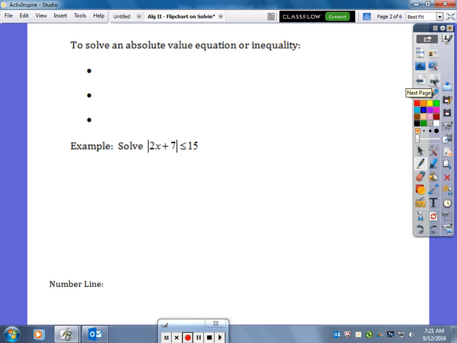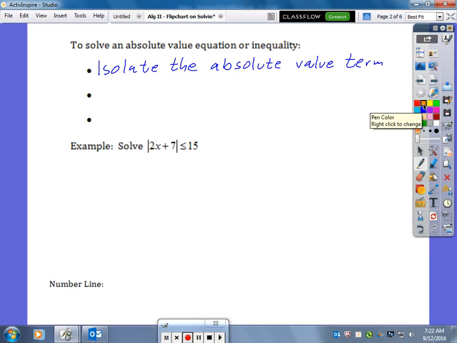To solve an absolute value equation or inequality algebraically, there are three easy steps. The first step is to isolate the absolute value term. The second step is to write two equations or inequalities.